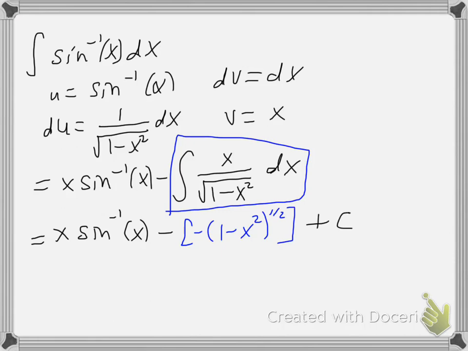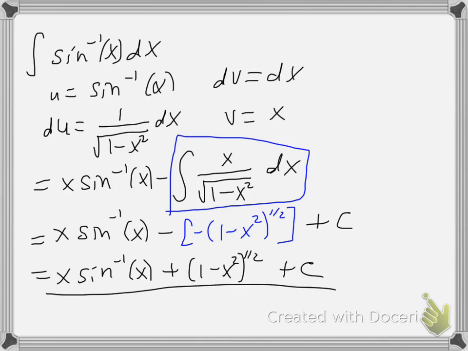And of course this is the same as saying x sine inverse of x plus (1 minus x squared) to the half plus our arbitrary constant of c.